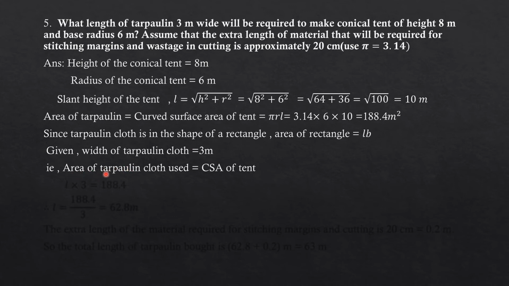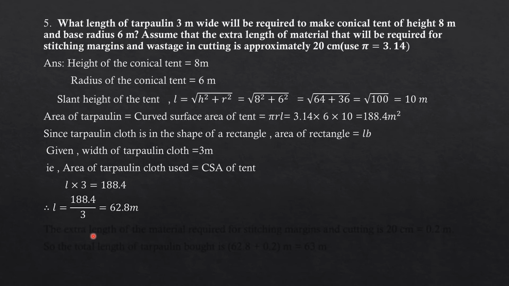Also, the area of the tarpaulin cloth used will be the same as the CSA of the tent, that is length × 3 equal to 188.4. Therefore, length is equal to 188.4 by 3, which is 62.8 meter.